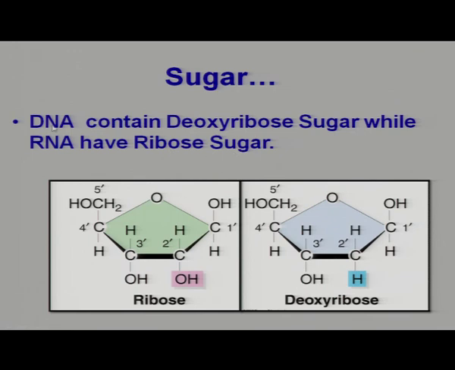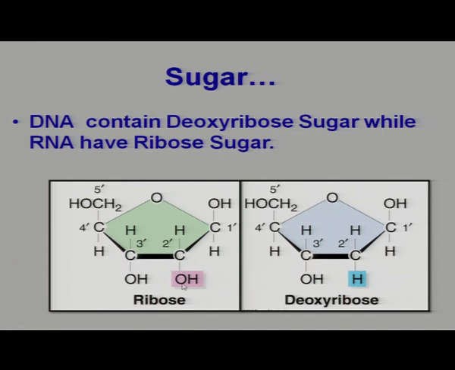What is the major difference between these two sugars, ribose sugar and deoxyribose sugar? If you can see in the picture, ribose sugar is having 5 carbons, that is why ribose sugar is considered as pentose sugar. Here are the carbons, carbon number 1, 2, 3, 4 and 5, and this one is deoxyribose sugar, it is also having 5 carbons, that is it is a pentose sugar. The major difference between these two sugars is at the second carbon.